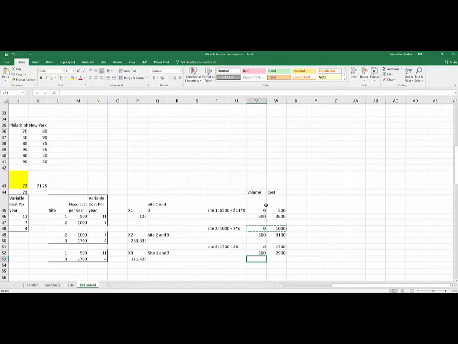Now that we have 2 points for each of the sites, for site 1 we have 2 points. This is point 1, 0, 500. That is part of this equation, and also 300, 3800. So if you were to plot these 2 points, they should fall on the line that is represented by the equation 500 plus 11x.